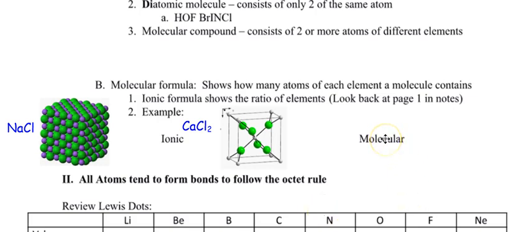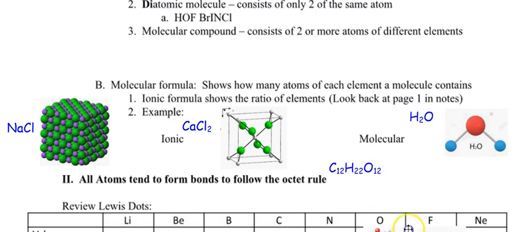Now, for a molecular compound, we used water before as an example, and it really does have only 2 hydrogens to 1 oxygen. That's it. It's not a ratio. Well, I guess it is, but it's exactly 2 hydrogens to 1 oxygen. Then I thought I was going to get wild and crazy, and here's table sugar.